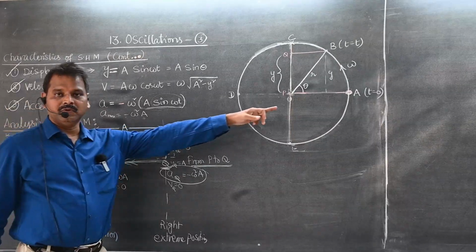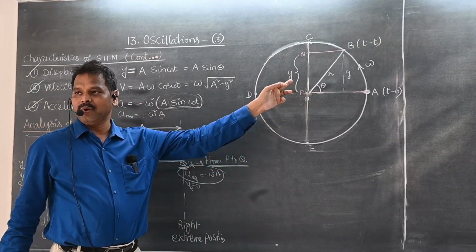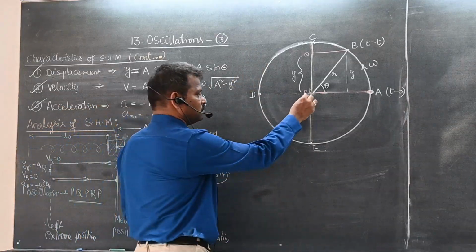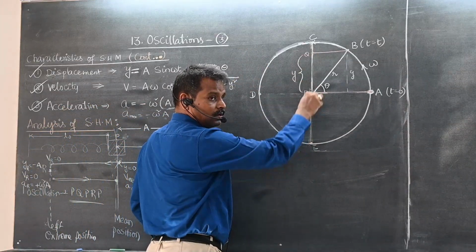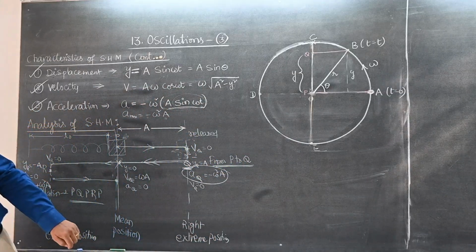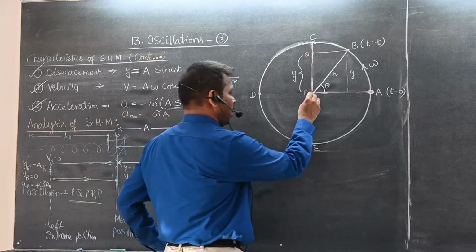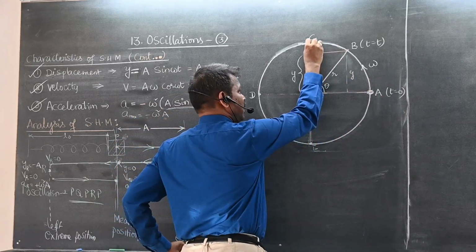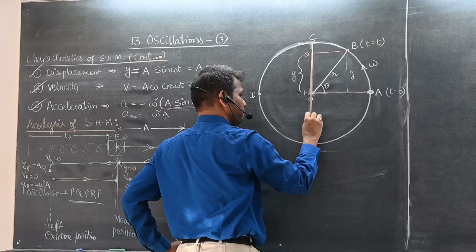Students, if you see this circular path in which a particle is moving, and we are interested only in the foot of the perpendicular motion, which we call simple harmonic motion. The particle is moving in the circular path, but what about the foot of the perpendicular?